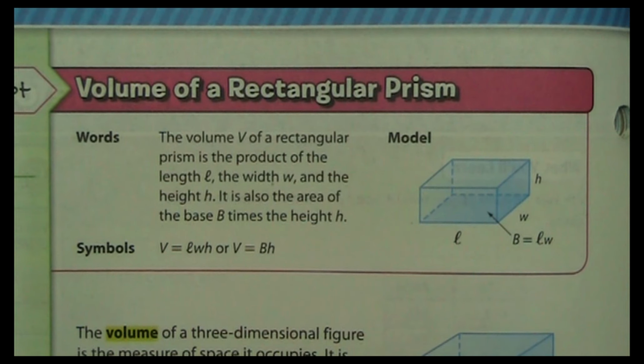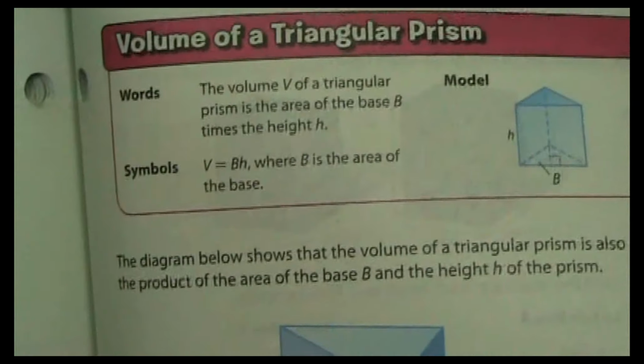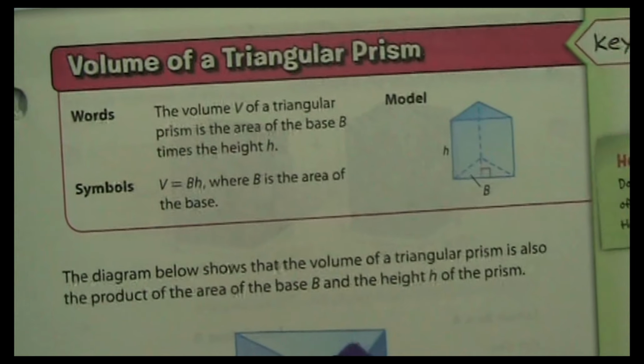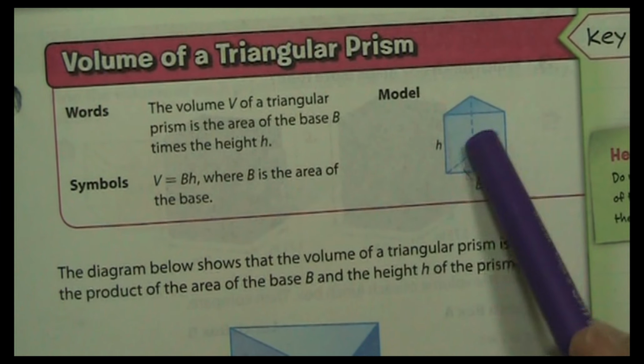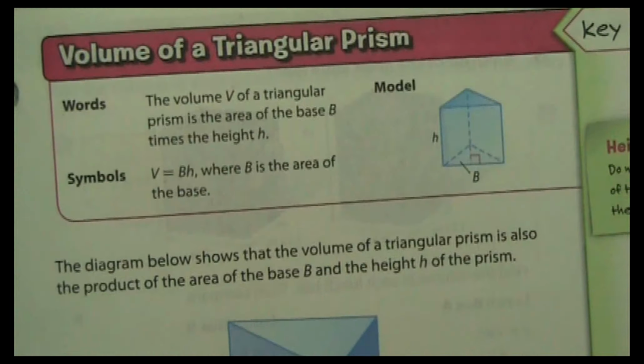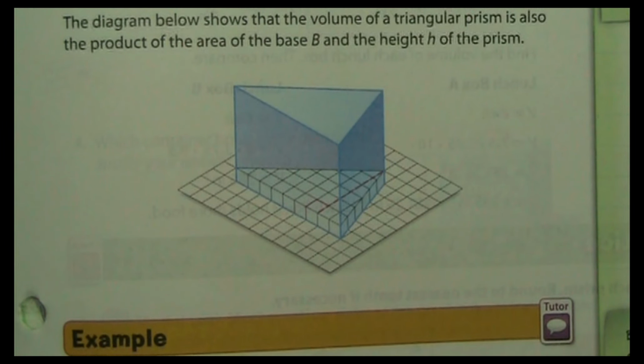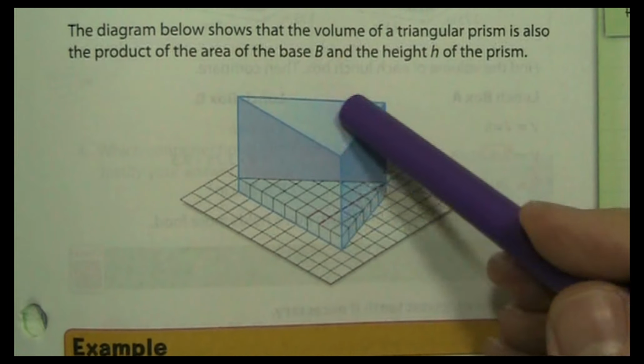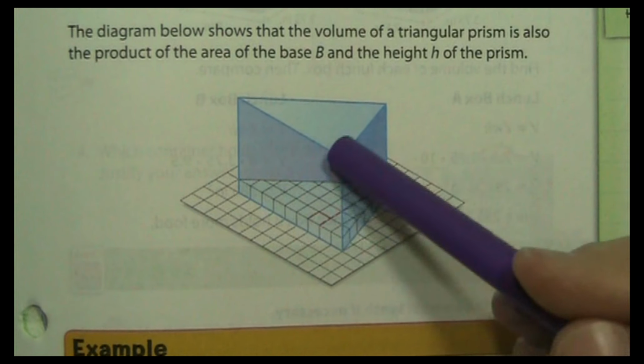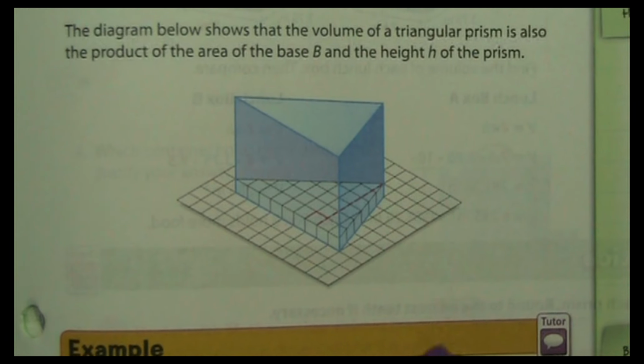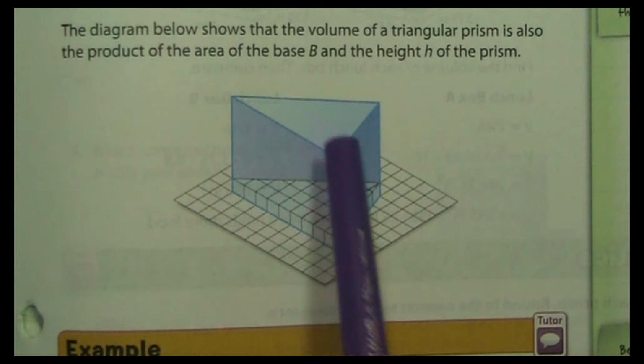If it is a triangle, such as this one, then it's called a triangular prism. And here's a better view of that. So it's a triangular shape with an extra dimension to it. And again, we're trying to figure out how many cubes will fit inside.